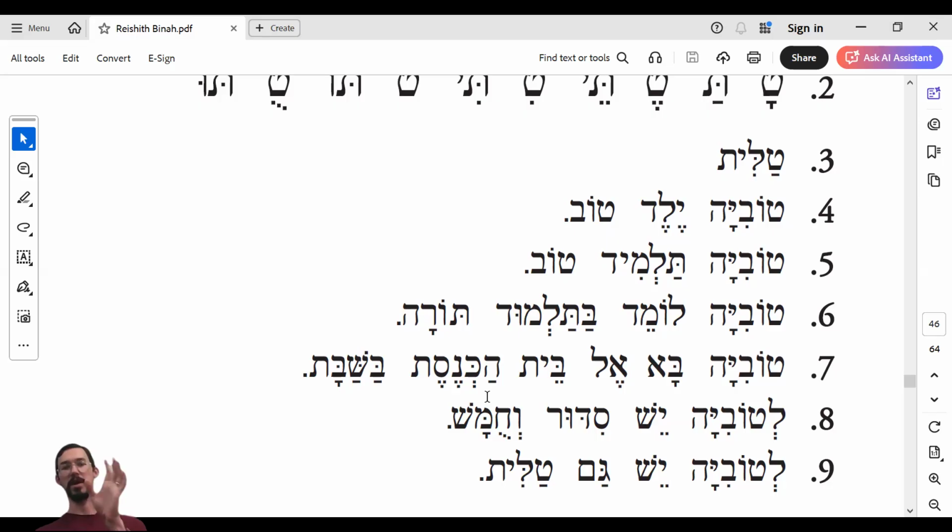Letovia, this is a name, so to Tovia. Yesh is has. Remember siddur? Book. Prayer book. Yeah, prayer book.